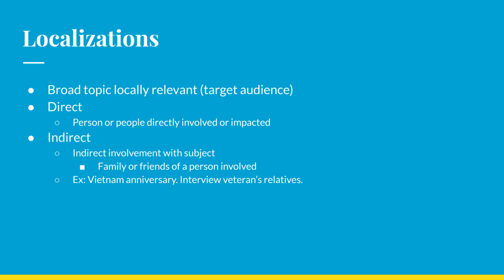A lot of those people will keep different tokens from their relatives, and they'll add some stories maybe that they were told. This is secondary information, but a lot of times you can use it and it'll help you build a better story, especially when you're localizing a particular national event or holiday or something.